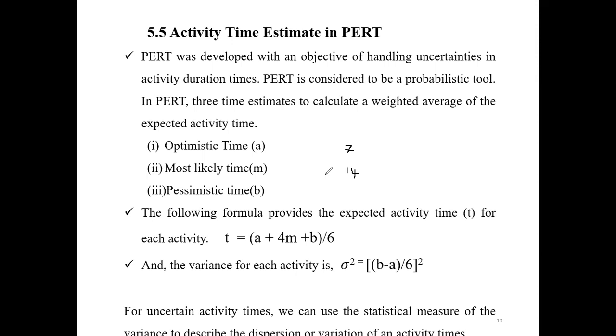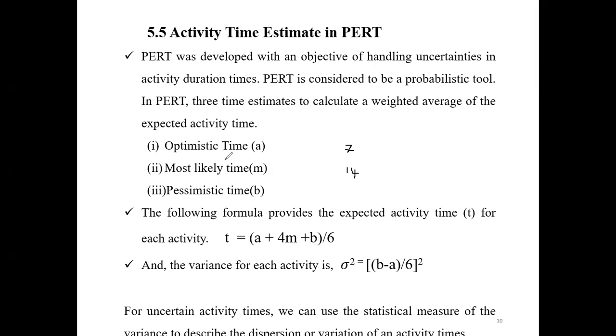Minimum time to perform. Under a normal condition, 14 days are needed. But if you work hard, doing other activities in parallel, then you can finish the presentation even within 7 days. That is optimistic. So the definition is the minimum time taken to perform an activity. In organizational psychology and organizational behavior, optimistic means thinking positive.